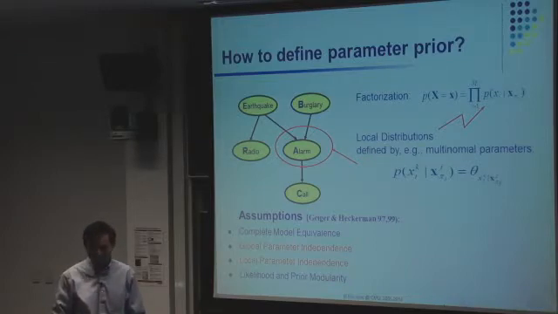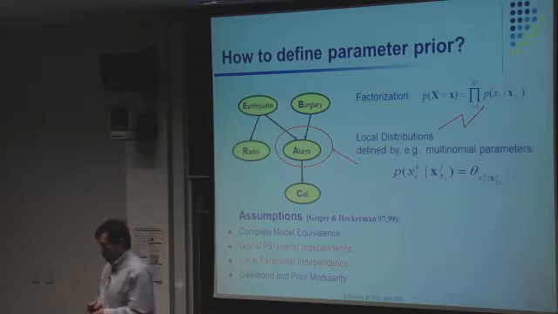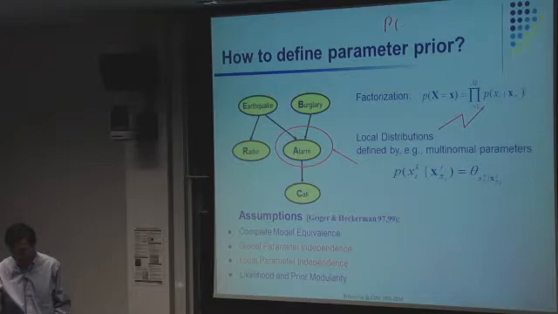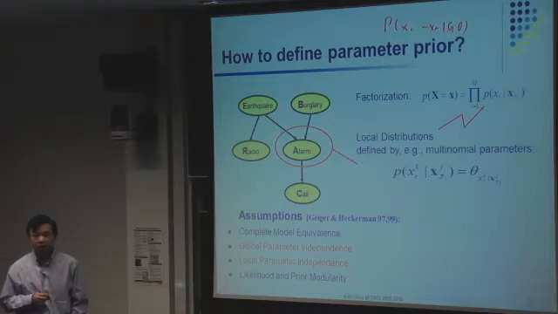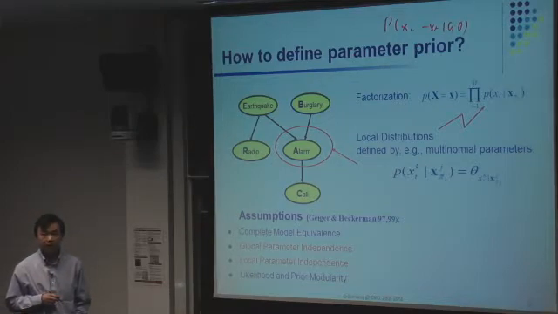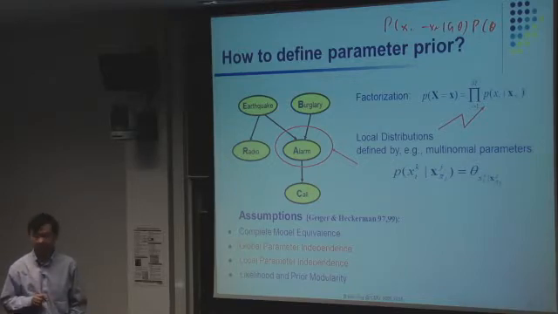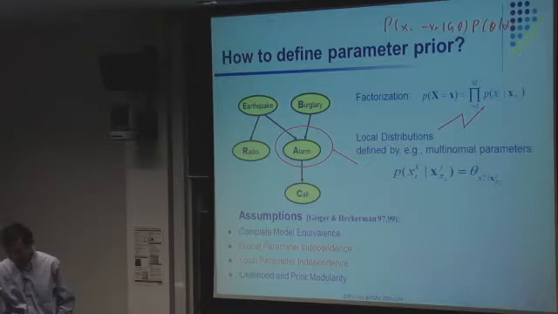Why is it tricky? Well, one way of defining the prior, we actually have this graphical model, x1 to xn, and the given g and theta, right? And the trivial way of defining a prior is to just define the prior for the parameter, for example, and we can do that.